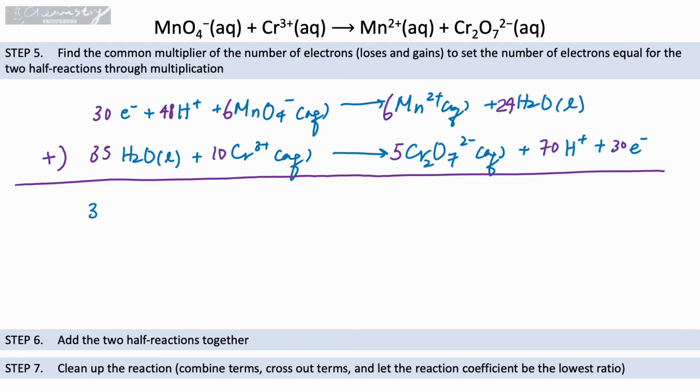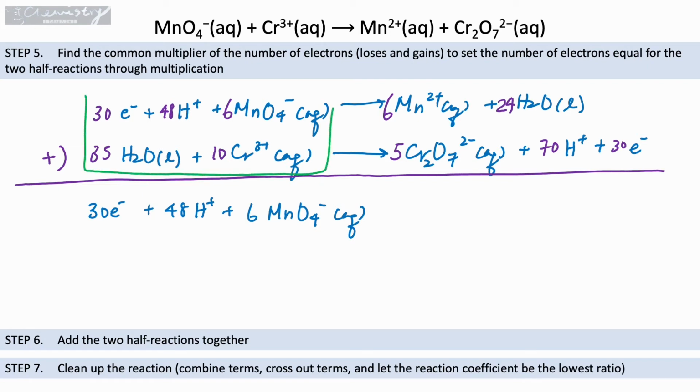So we have 30 electrons plus 48 protons plus 6 MnO4 minus. Definitely, if you are planning on saving some time and ink, you can cross them out as you are writing. I'm just going to do the crossing out later so that it can be more clear.